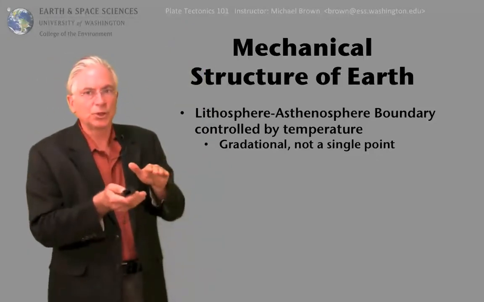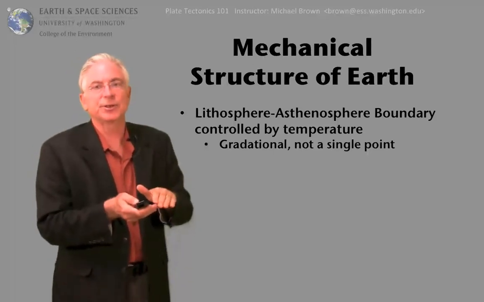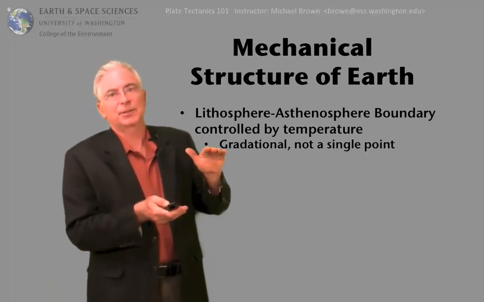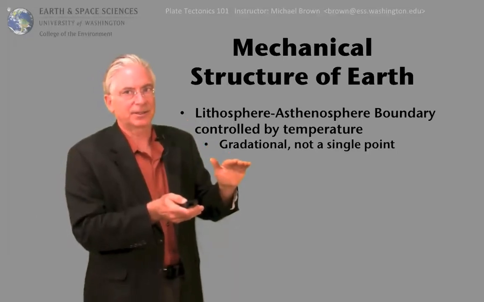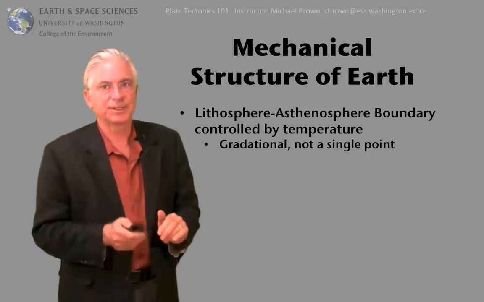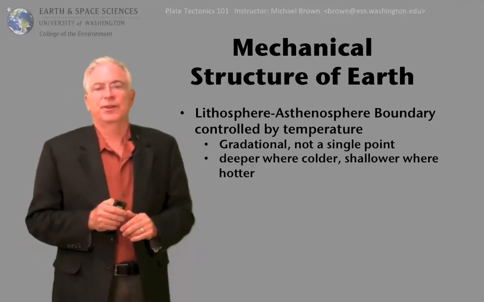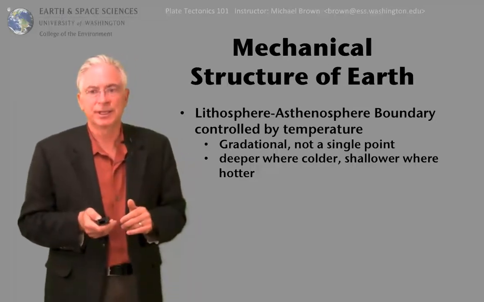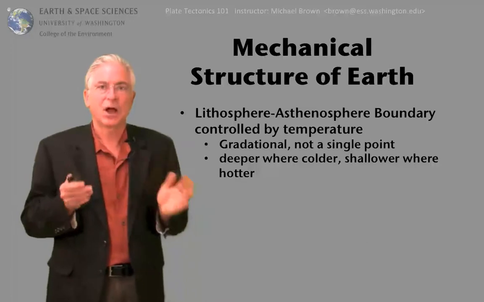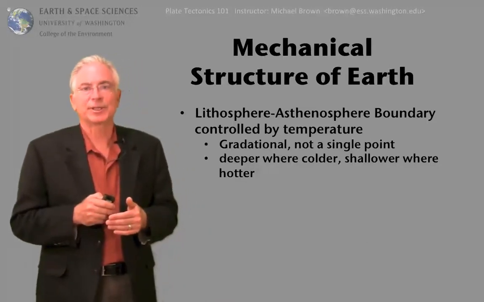But there's some regime going through a temperature range near 1300 degrees where the mantle rock goes from less ductile to increasingly ductile. So the mantle lithosphere is deeper where the mantle has chilled, and where the mantle is hottest, the lithospheric transition is the shallowest.